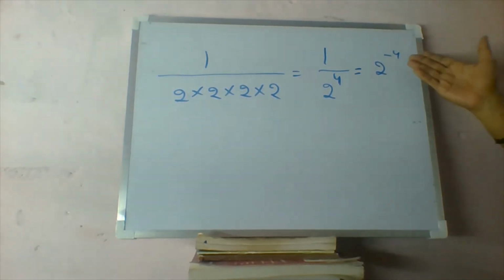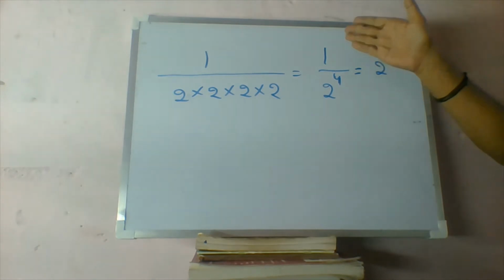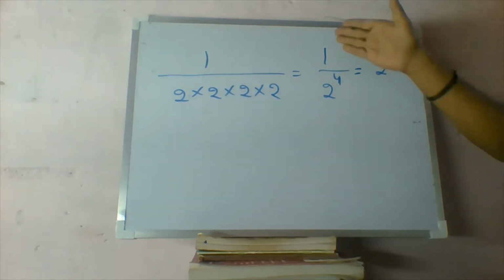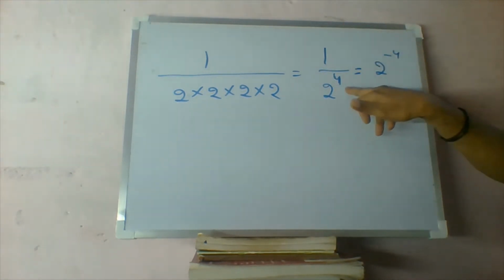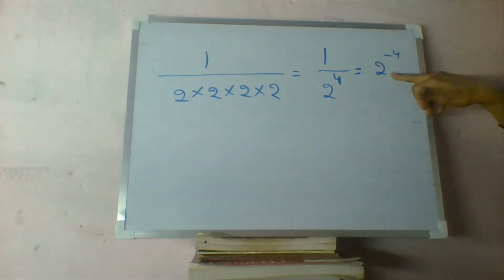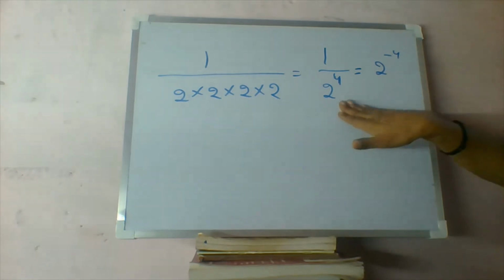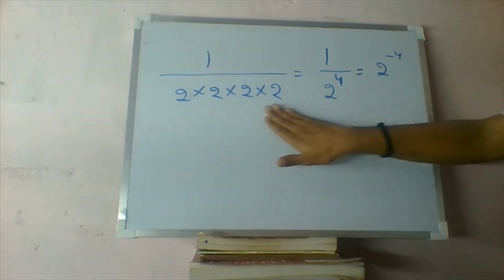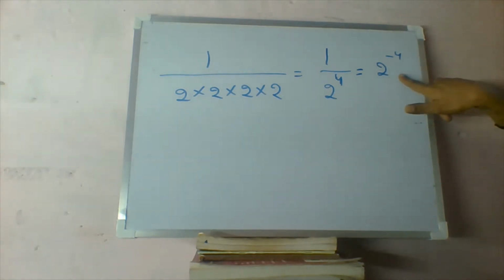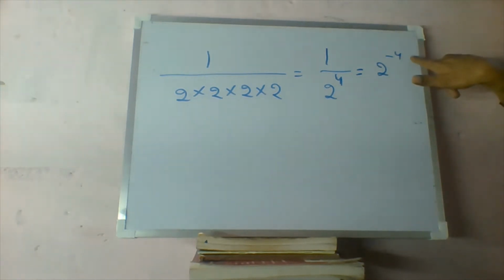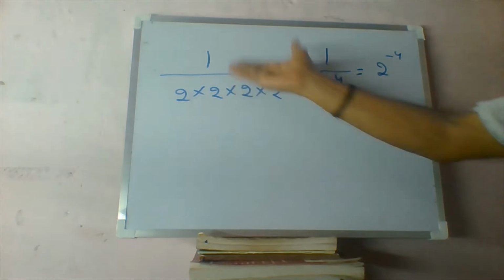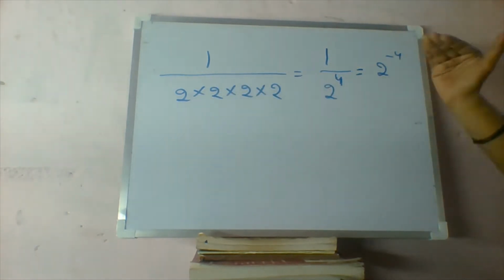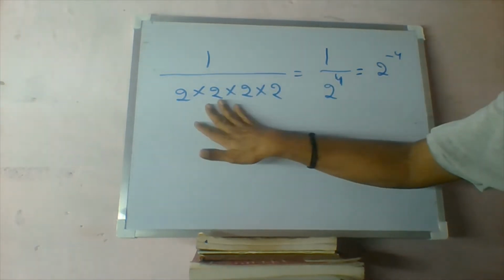We have chosen to write 1 divided by 2 raised to power 4 as 2 raised to power minus 4. That is, if in denominator we are multiplying 4 twos with themselves, then we can write it as 2 raised to minus 4. 2 raised to minus 4 means in denominator we are multiplying 4 twos with themselves.